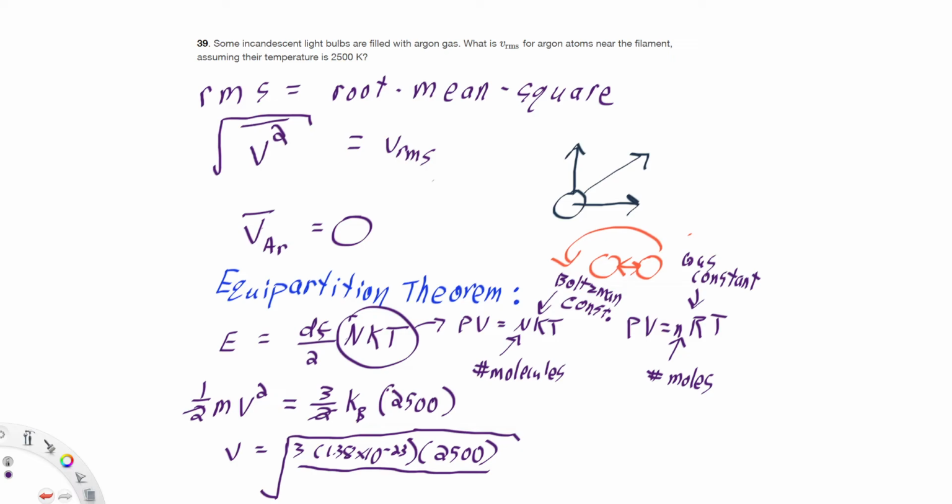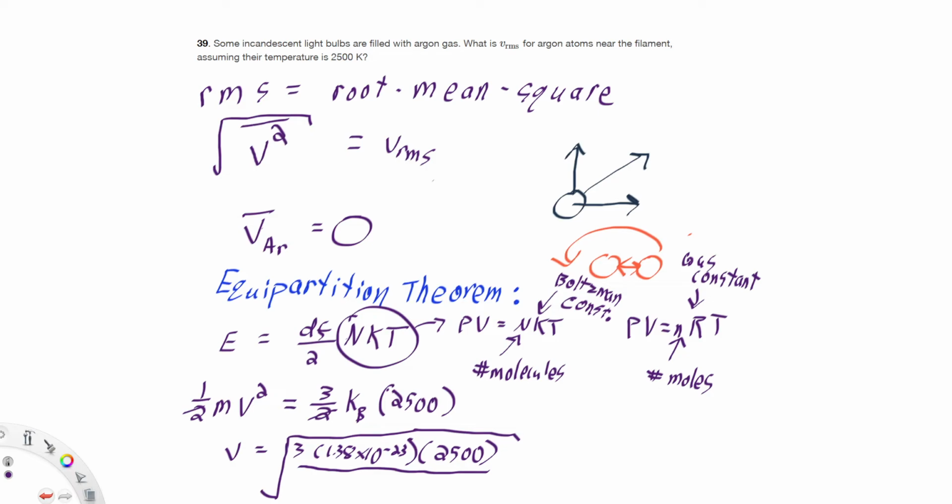Well, I don't know, I just got that from the periodic table. So the number there is 39.9 grams per mole of argon. Okay, per mole, sorry. But we don't have a mole of argon. We just have one argon atom.